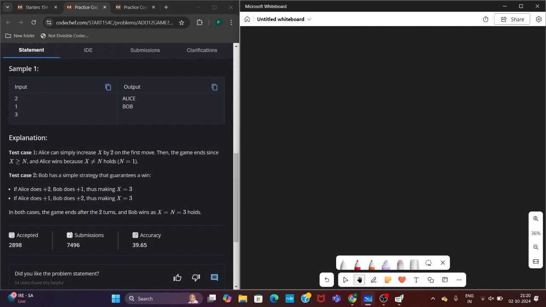So our first example is n equals 1. Alice will increase x by 2.